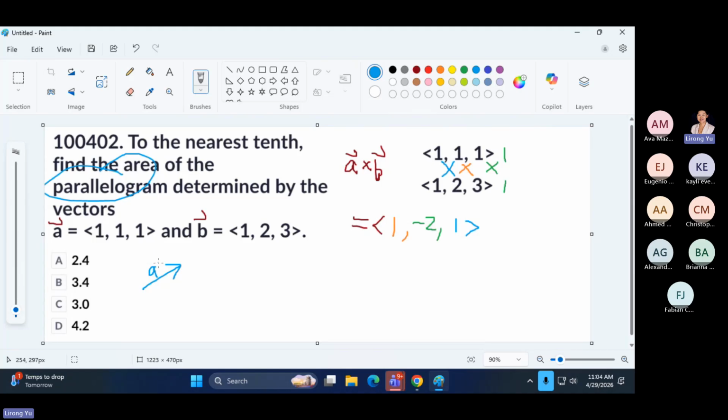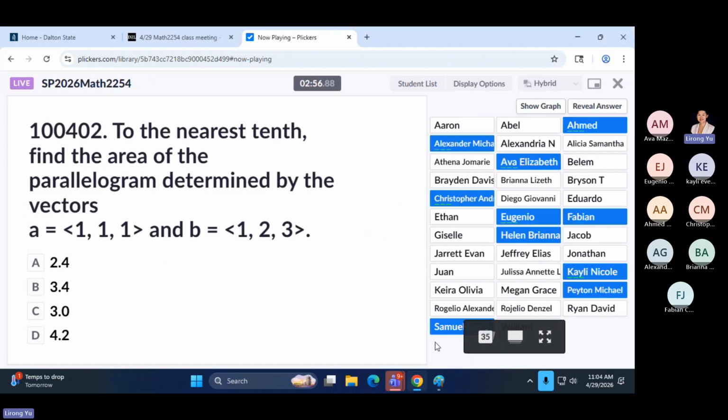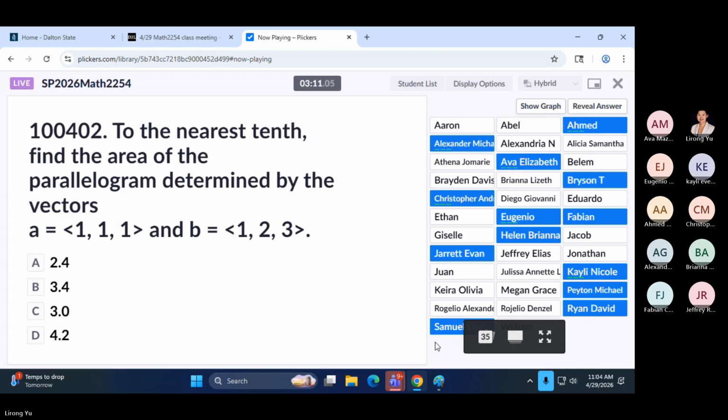For the parallelogram made by these two vectors, the area can be calculated by the magnitude of the cross product. So the answer is.